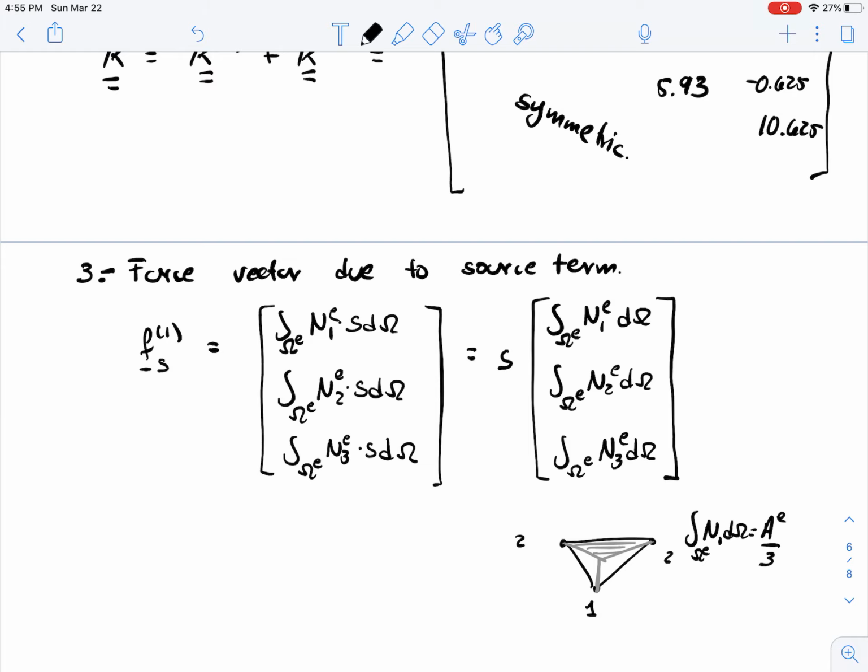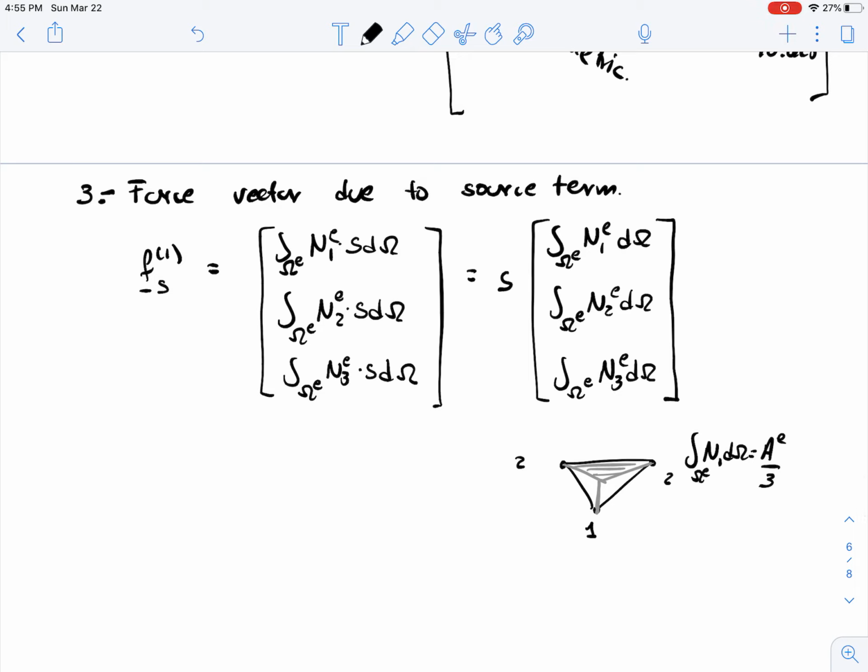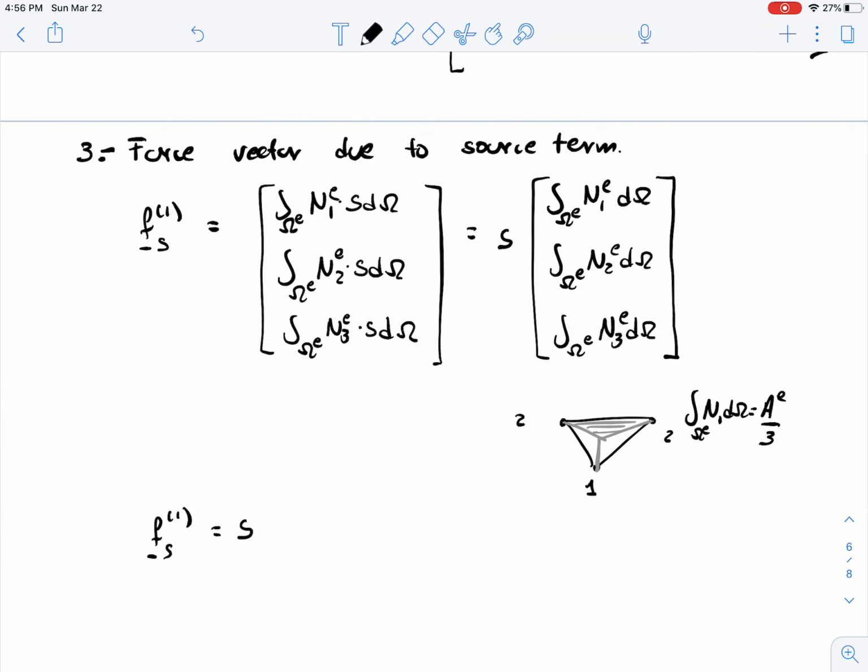And that's the same also for shape function 2 and shape function 3. So in this case, when the source term is a constant, you basically have the constant times the area of the triangle over 3 and a vector of 1s, 1, 1, 1.